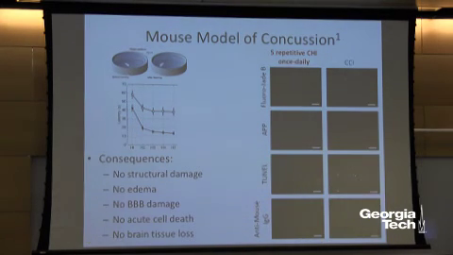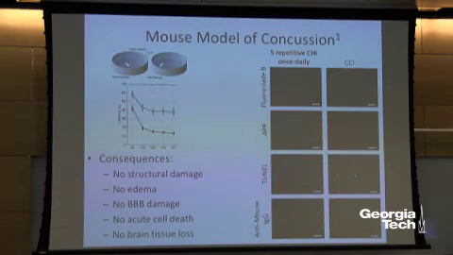And just to prove to you that it's not just that we are bad at immunohistochemistry, we also have data from a more severe model where we can clearly see that neuronal injury is starting to emerge. So we have this repetitive model that doesn't result in overt neuronal injury, and yet we're seeing cognitive deficits. So why is that happening?